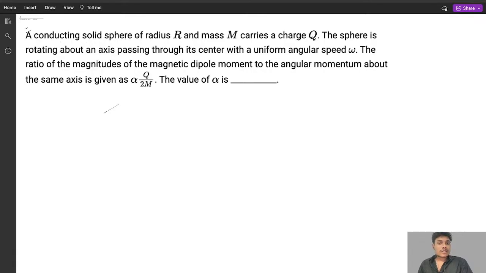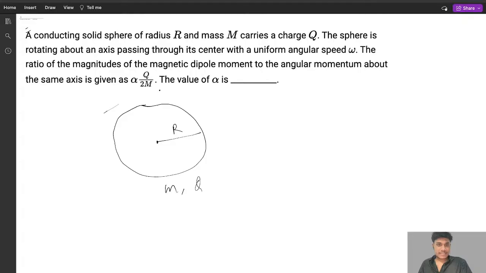A conducting solid sphere of radius R and mass m carries a charge q. Okay, there is a sphere of mass m, charge q, and radius capital R. The sphere is rotating about an axis passing through its center with a uniform angular speed omega.